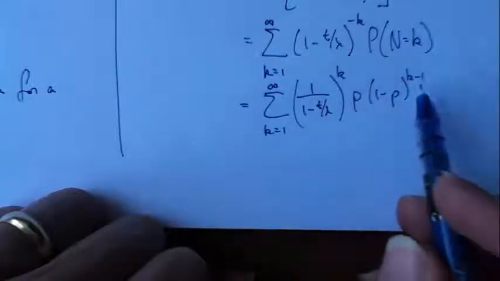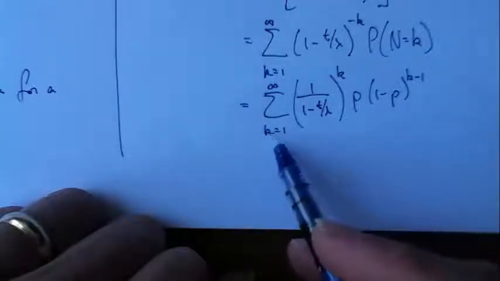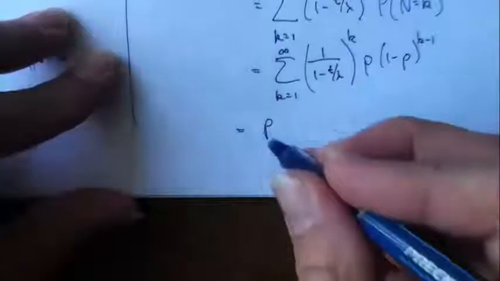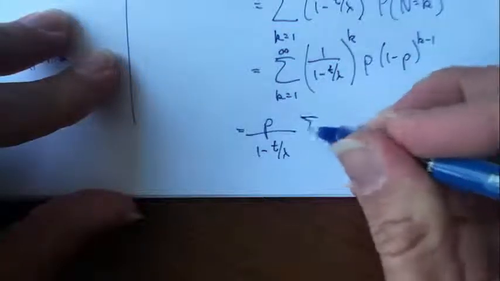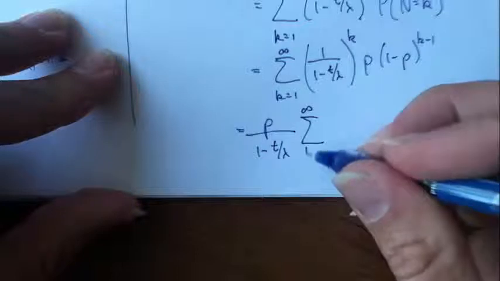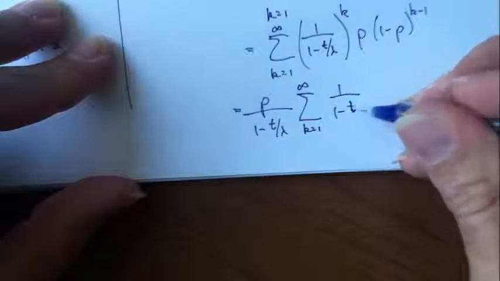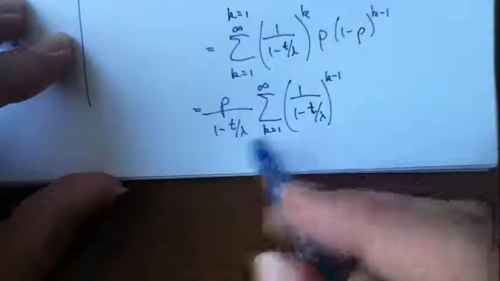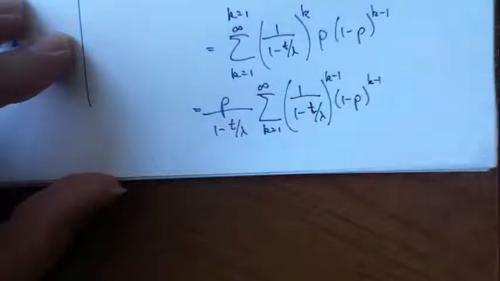I'm doing it like that because I also want to change my starting index so the summation starts at k equals 0. I get p over 1 minus t over lambda, times the sum from k equals 1 to infinity of 1 over 1 minus t over lambda raised to the k minus 1, because I pulled one of those out, times 1 minus p to the k minus 1.